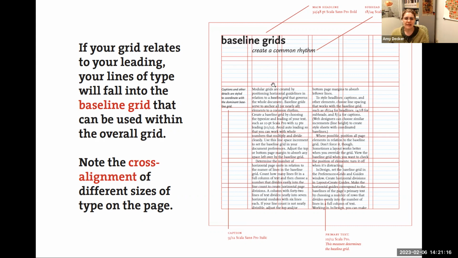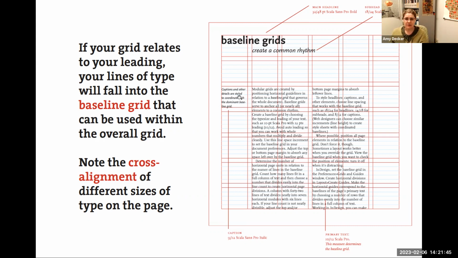So notice in this example, the blue lines are the baseline grid. The red lines are the modular grid. Notice how all of the body copy, the headline and the subhead are all sitting on the blue baseline grid. In other words, you want all of your type sitting on that same baseline grid so they're connected and they are flowing from one column to the next.